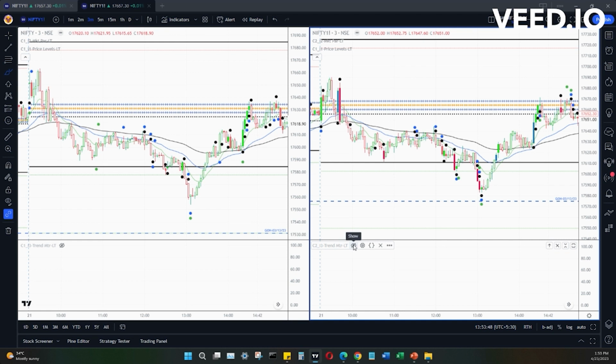Now let's look at the same charts, but with the indicators applied. As you can see, the price opened right above the CPR, and all the EMAs are rising, and then for some reason the price took a stiff resistance at this zone. There's almost no indication as to why the price fell.